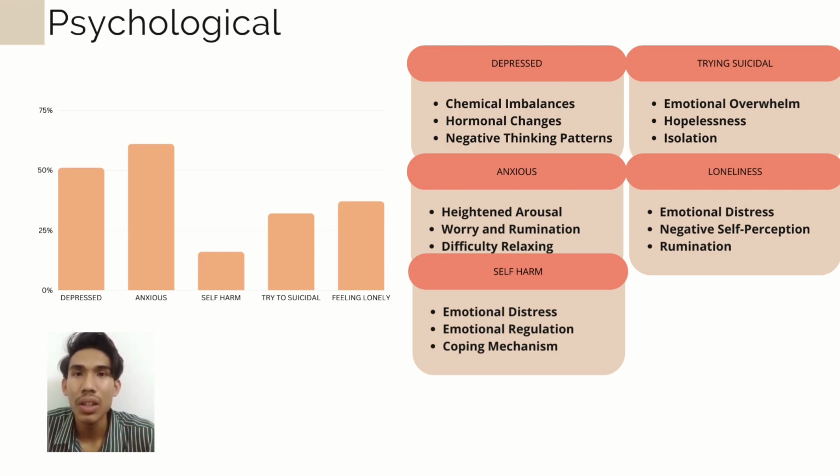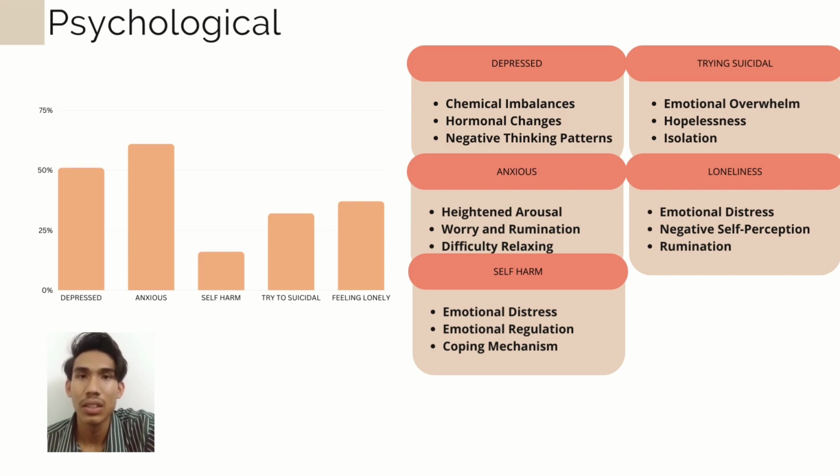And then they also worry and ruminate. Stressful situations often give rise to excessive worry and rumination. People may repeatedly think about the stressor, potential negative outcomes, and worst case scenarios, which are characteristic features of anxiety disorder. And next is difficulty relaxing.